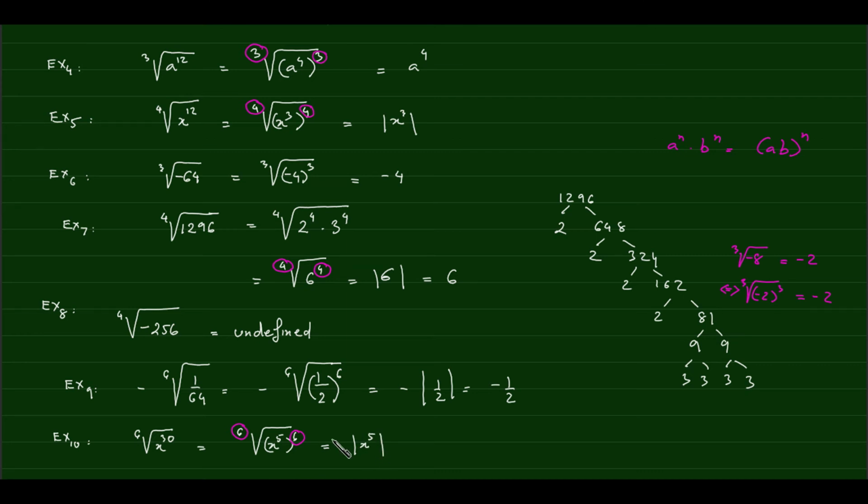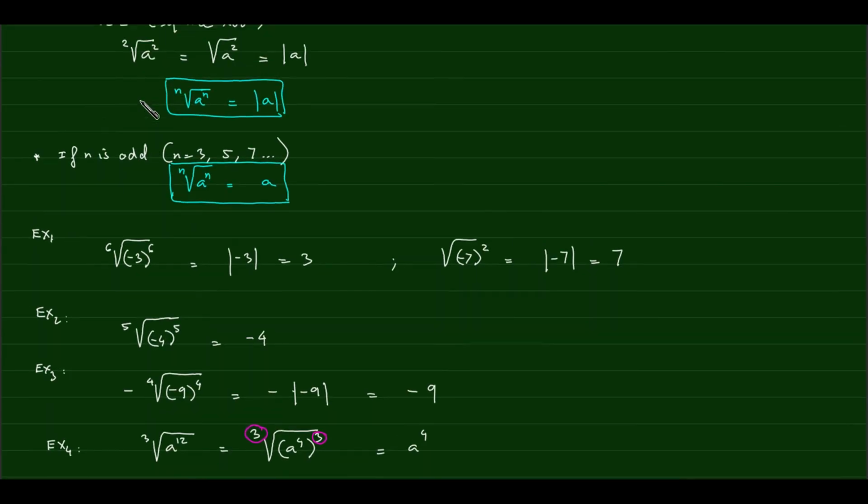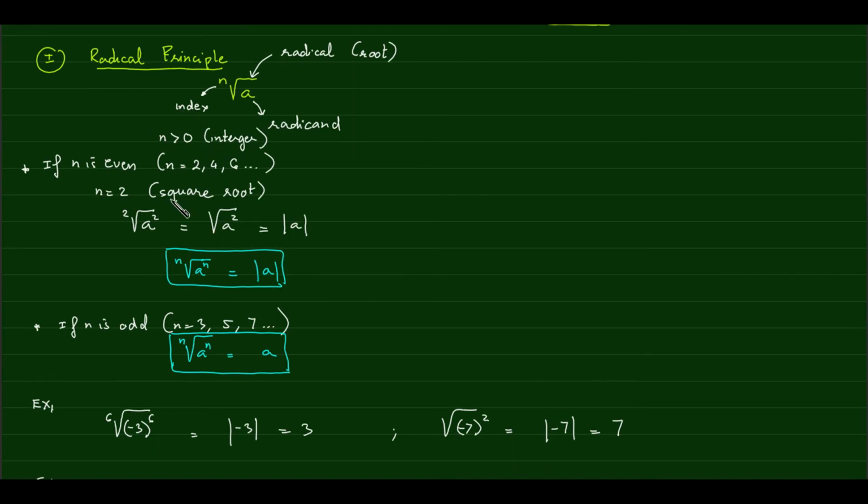And remember, it's always the absolute value if the index is even. If the index is odd and the exponent is also odd, it will give you itself, no absolute value. So that's the difference between two different principles right here: the even root and the odd root.